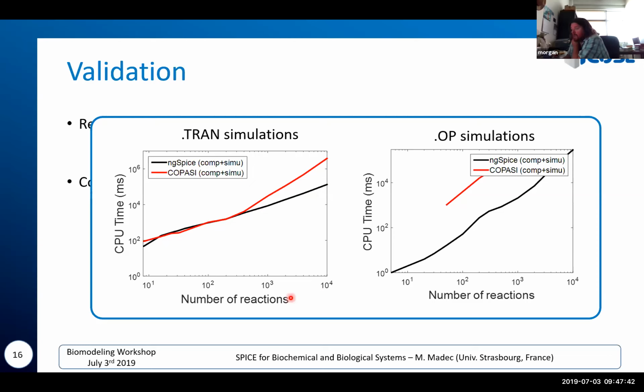So if you have in your system 10,000 reactions, there is more than 1 order of magnitude in terms of computation time between ngSPICE and COPACY. And for the steady state simulation, it's more spectacular, because even with a low number of reactions, you already have 2 orders of magnitude in terms of computation time.